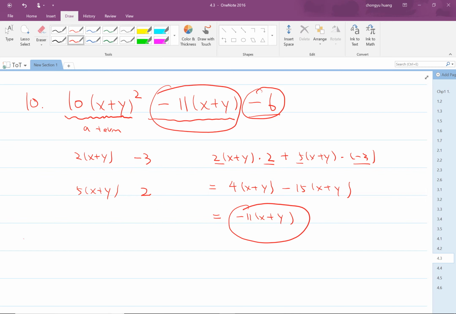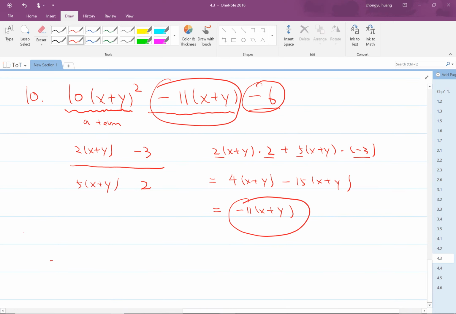So now we have finished the factoring, so you put a line between it, and then you write down the solution. How do you write down the solution? You have to put these things in the bigger bracket, because we already have small brackets over here. So you write it in this way: 5x plus y plus 2.